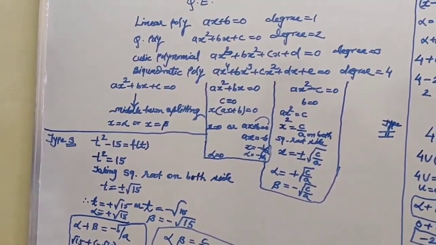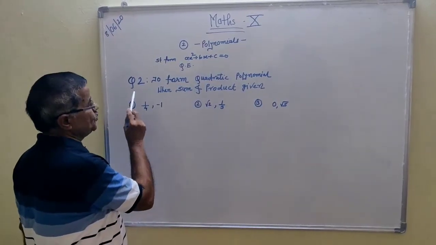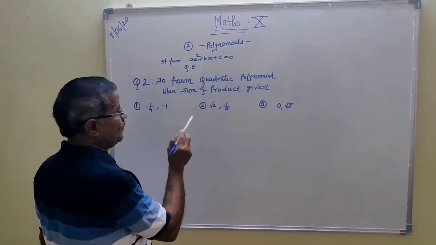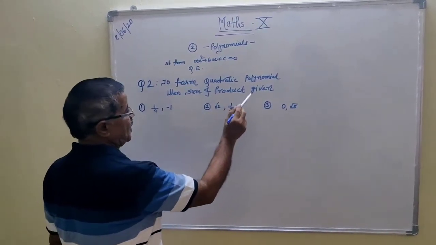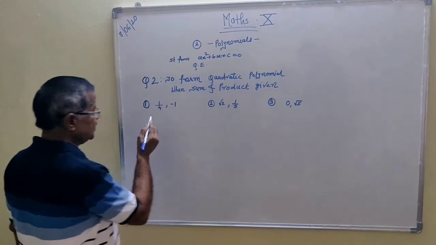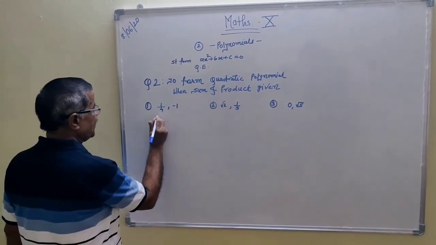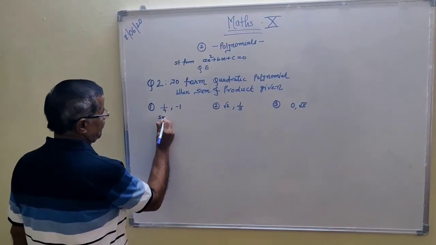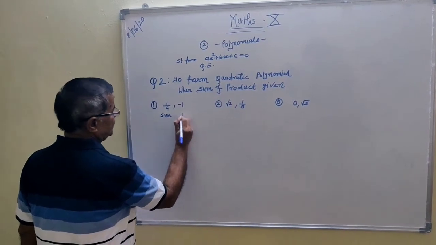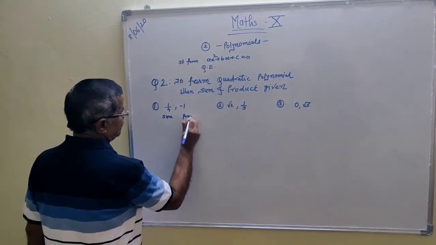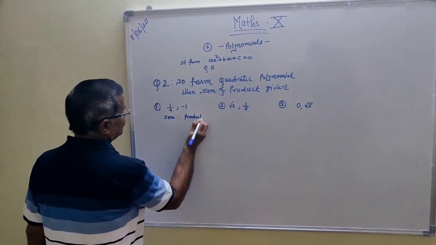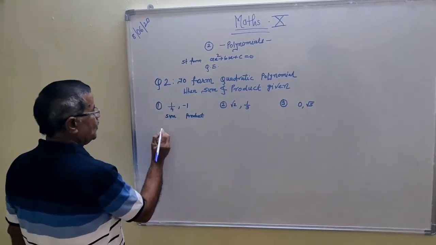Question number 1 is done. We are going to question number 2. To form a quadratic polynomial when the sum and the product are given. In this problem 1 by 4 is given as the sum, and minus 1 is given as the product. Now we want to form a quadratic polynomial.